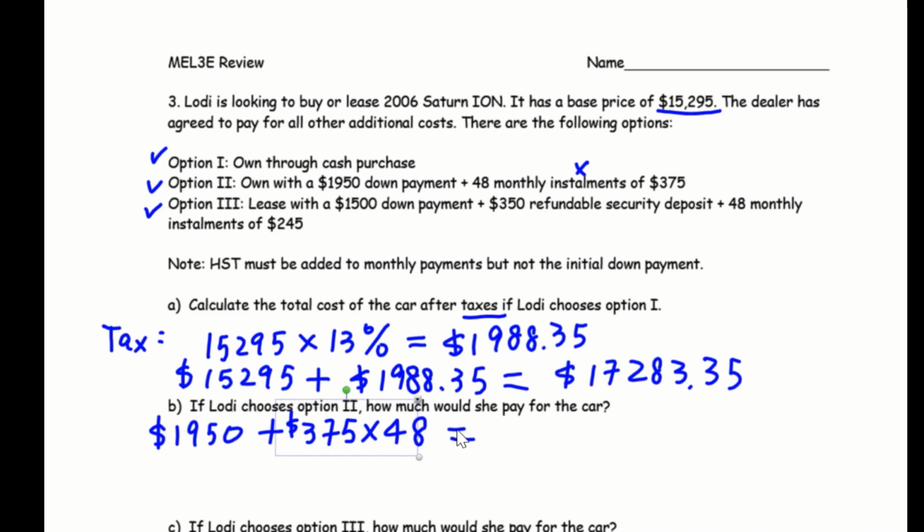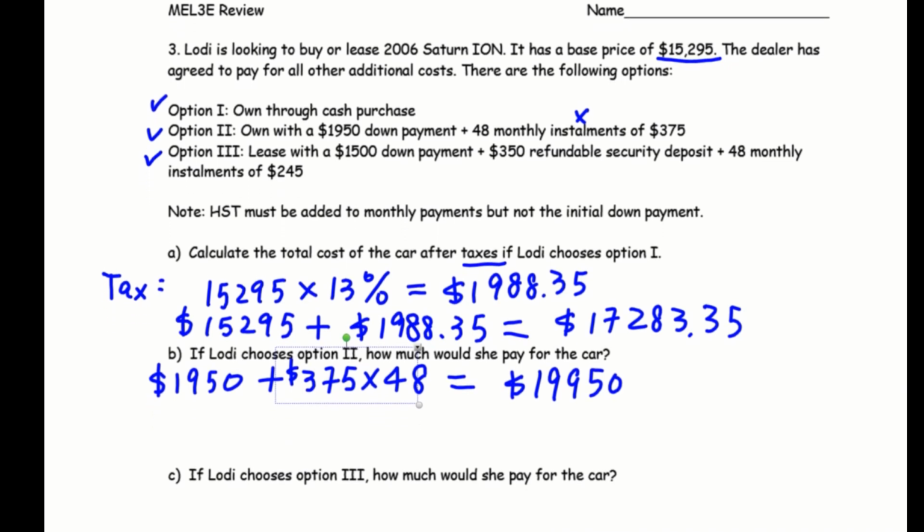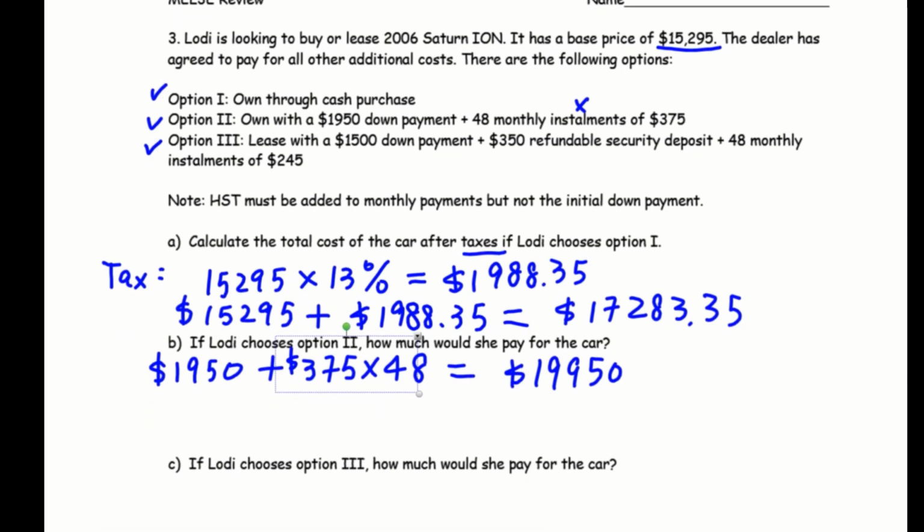Then we have 1950 plus 375 times 48 equals, altogether, a little bit higher, 19,950. So the car dealer wants to make some money. You pay it late, then you need to pay more.